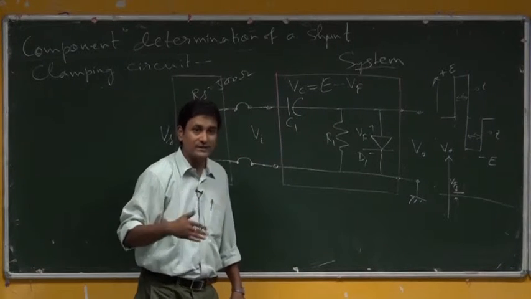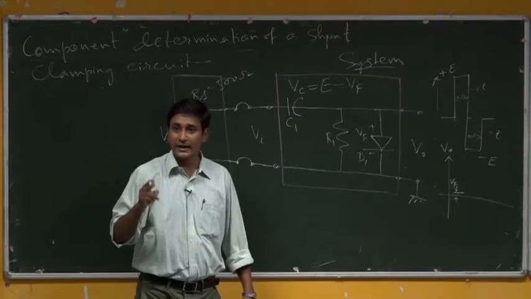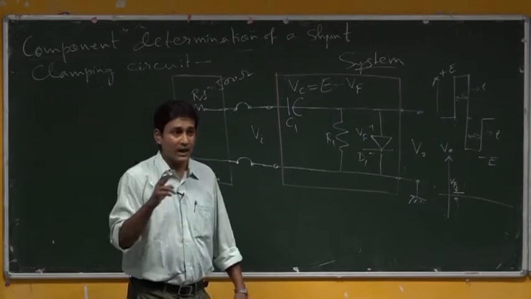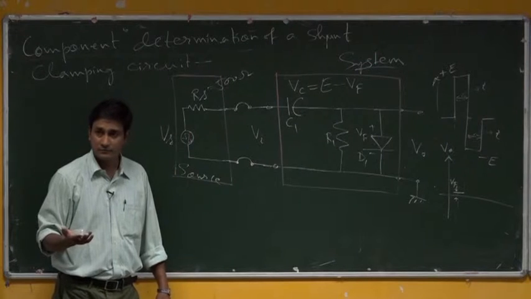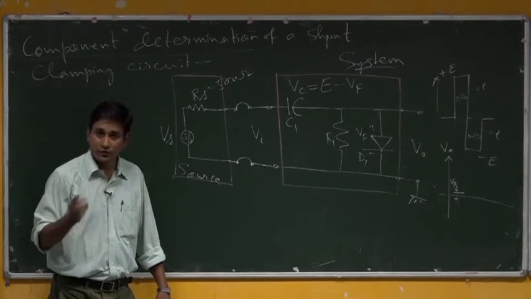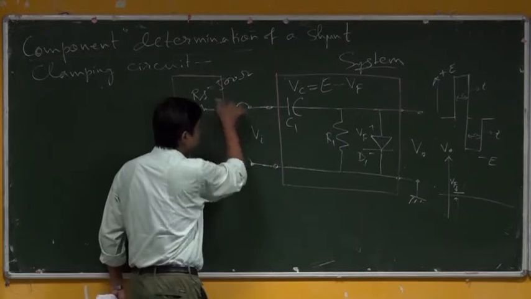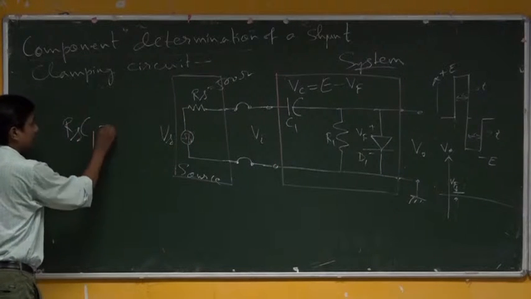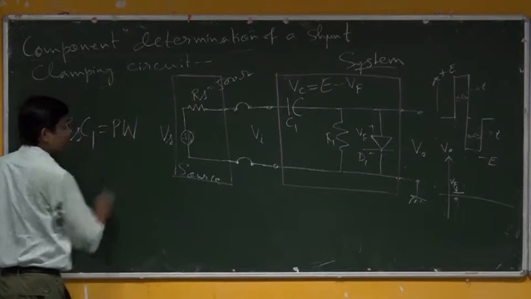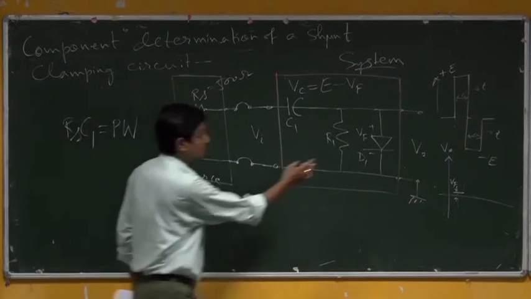So before it starts discharging, it should guarantee its full potential across it, otherwise whatever you are analyzing is useless. So for that, Rs and C1 should be such that the product becomes at least the width of the pulse.